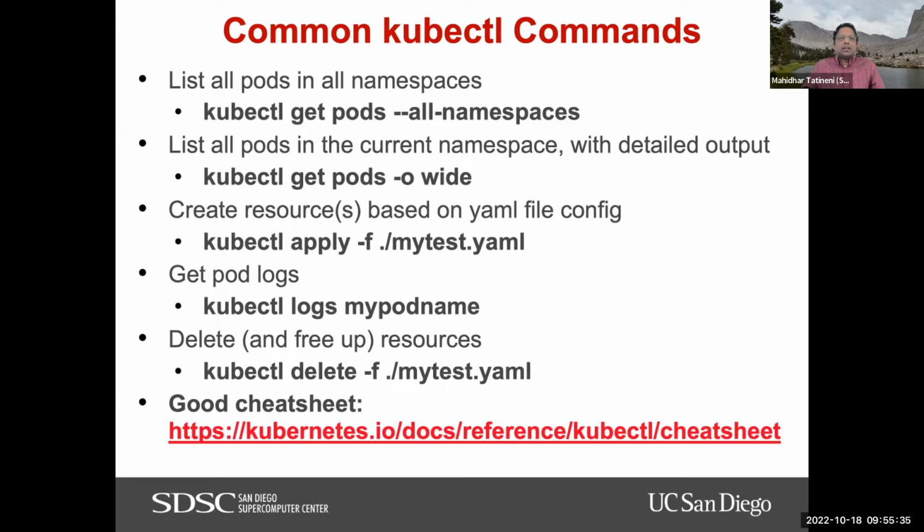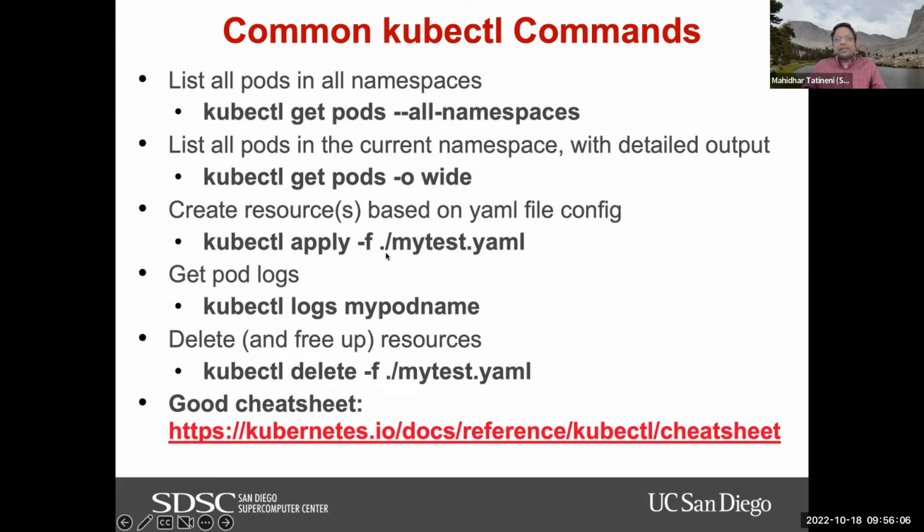Since pods and jobs are essentially the equivalent of the Slurm jobs that we are used to on an HPC, you have similar things to list the pods that currently exist. So you can do get pods and list pods in the current default namespace. You can make this a wide listing, which means it will give you a detailed listing.